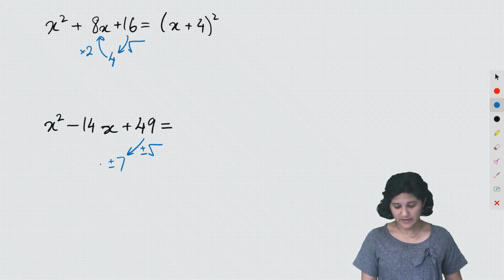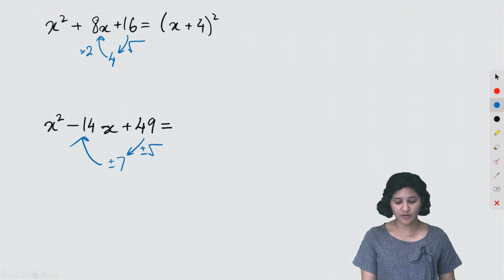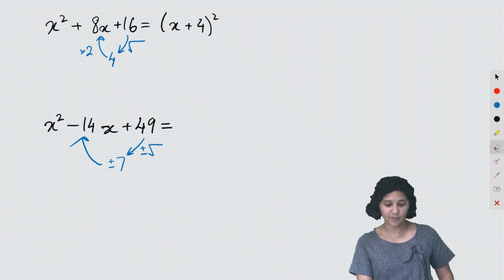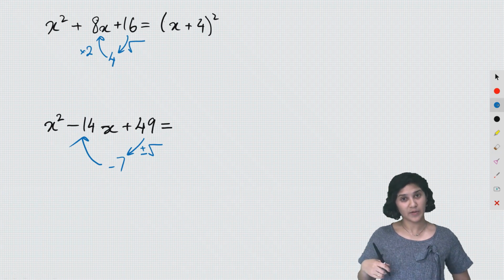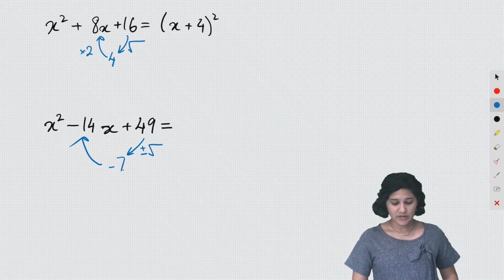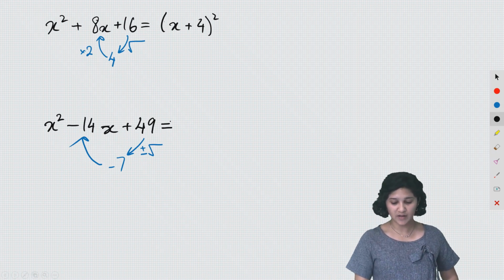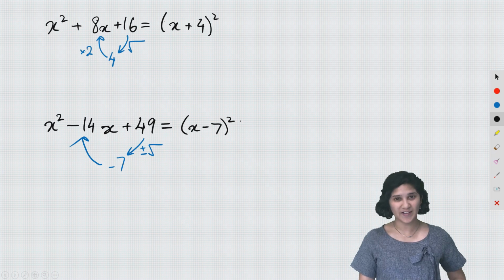So if I go plus or minus 7, and then double either of those should be this term. So in this case, because it's negative 14, the square root I should take is actually the negative 7. Okay? So negative 7 times 2 is negative 14. So the perfect square I end up with is x minus 7 squared.